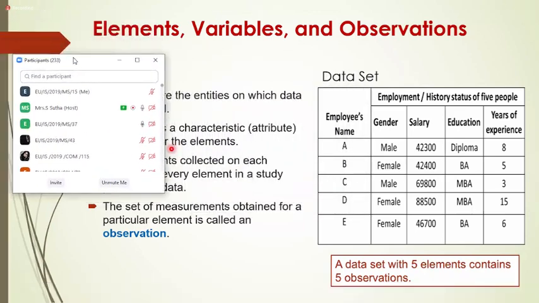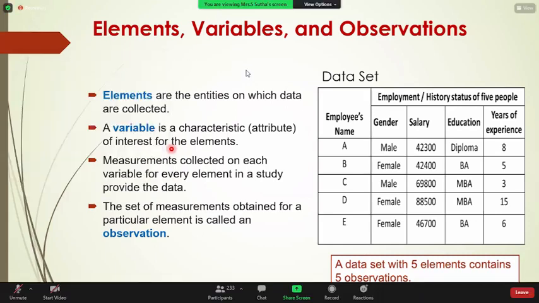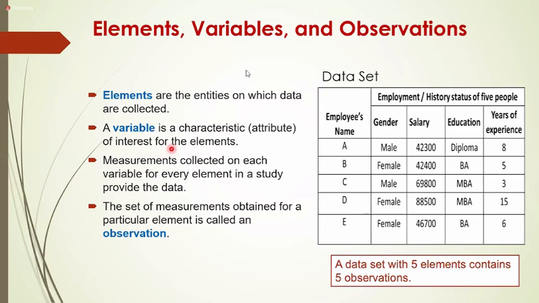Gender, salary, yes, education. There are 4 variables we have, right? A variable is a characteristic or attribute of interest for the elements. So first you have to know what is element. In this case, element is an employee.